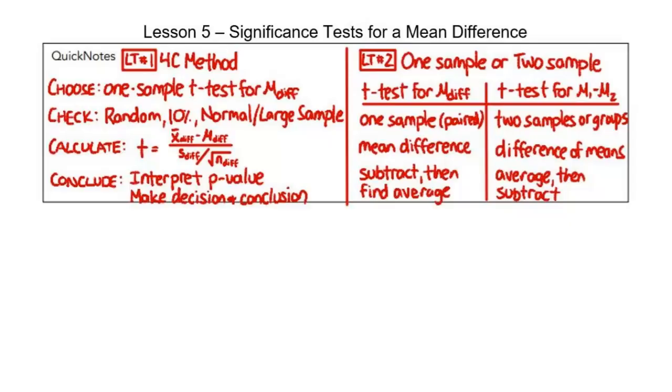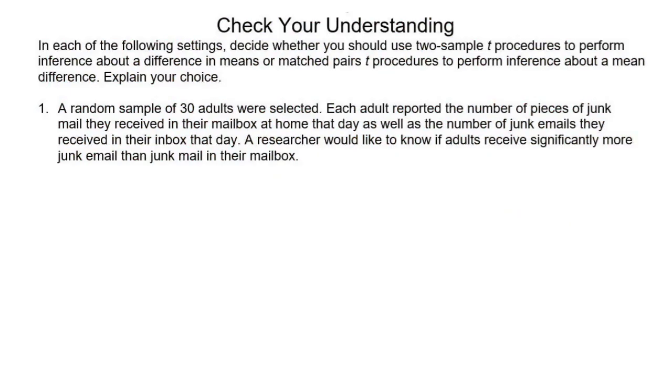I have found some examples down below to give us some practice determining whether we are looking at 2 sample T procedures or matched pairs T procedures. I want you guys to read through these 3 scenarios, decide whether you think it's a 2 sample T procedure or a matched pairs T procedure, and give some evidence from what you read.